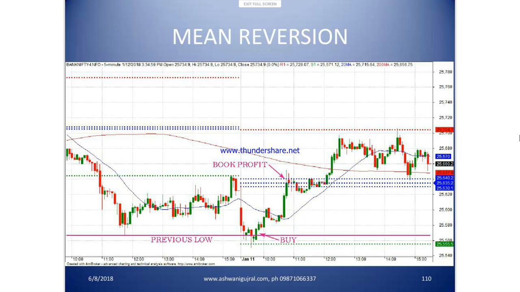Now understand this, that if today is a trending day, the odds of tomorrow being a trending day are low. Say if tomorrow is also a trending day, then the day after is a range bound day.